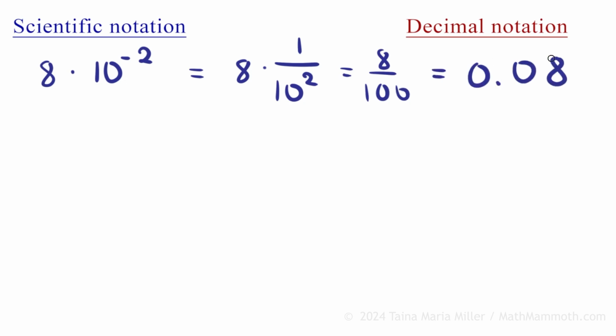0.08. Now notice, we have this exponent here, negative 2. And here we have 2 decimal digits. And the 8 becomes the second decimal digit. Now, with this one, the exponent is negative 4. Okay, so that makes it 1 over 10 to the 4th, or 1 over 10,000, a 10,000th part, and 6 of them.